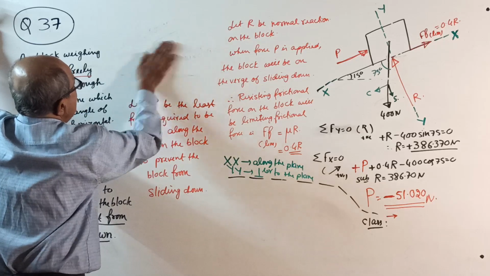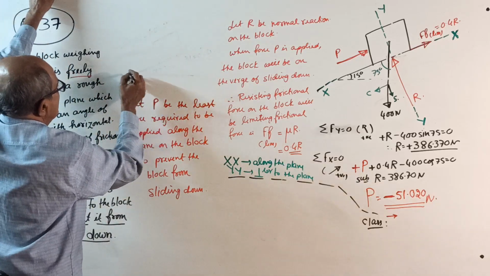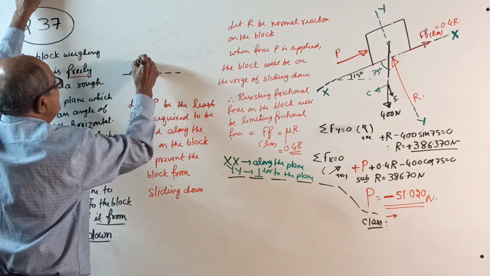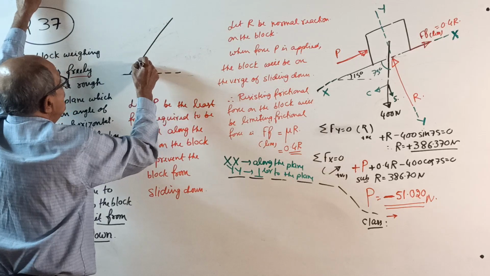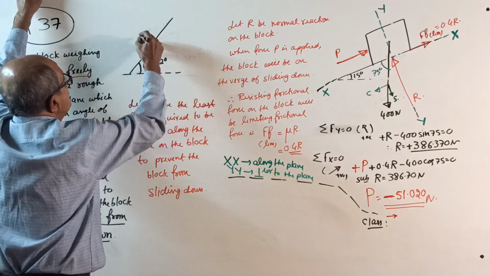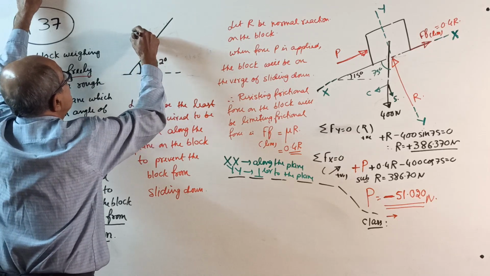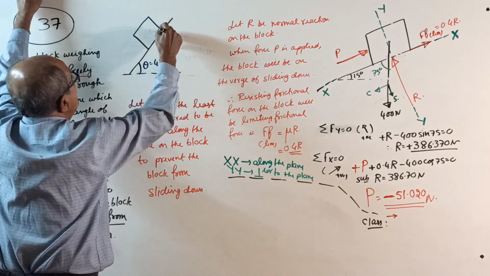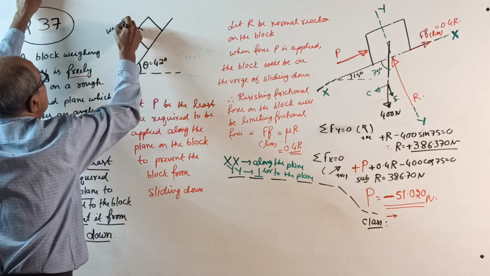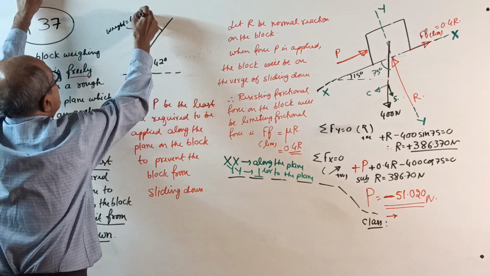Put this sketch. Horizontal plane, 42 degrees, this way. This theta equal to 42 degrees. Block is placed here, the weight of the block is the same 400 Newton.